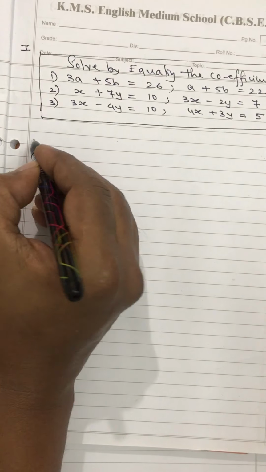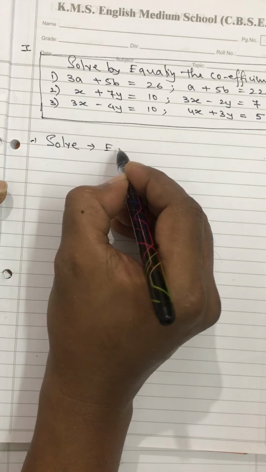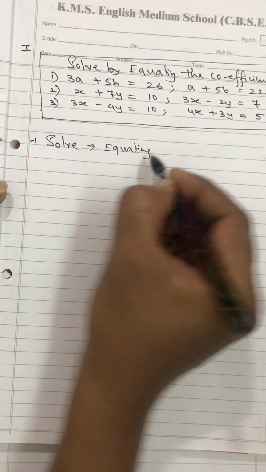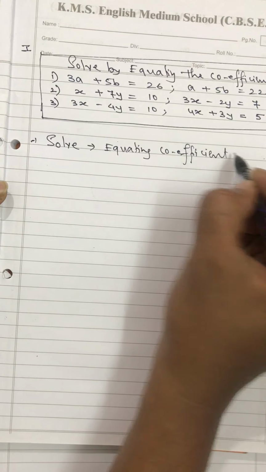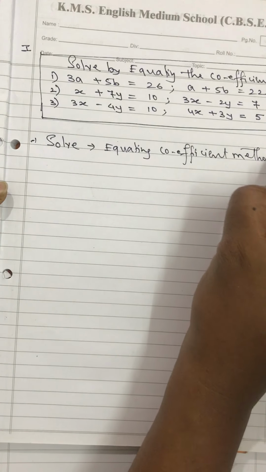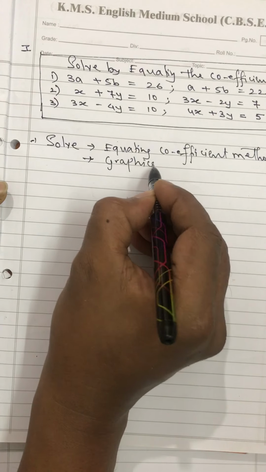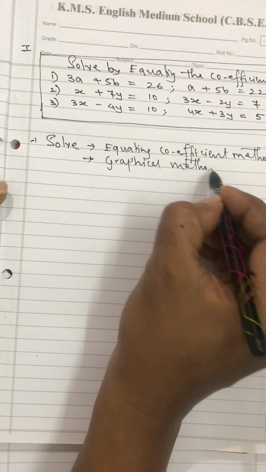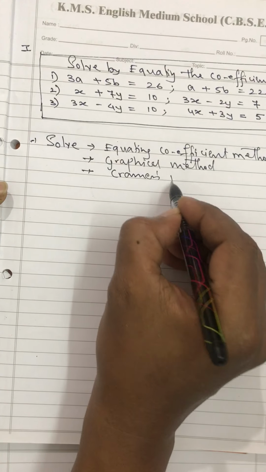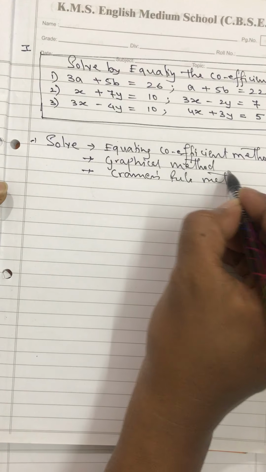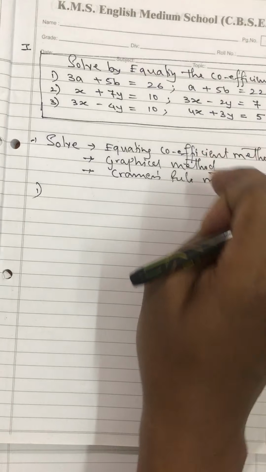Remember, solve by all the 3 methods: equating coefficients method, then graphical method, then Cramer's rule method. I am giving you only 3 questions. All the 3 questions you have to solve by all the 3 methods.